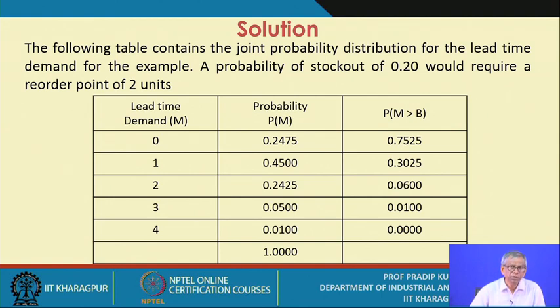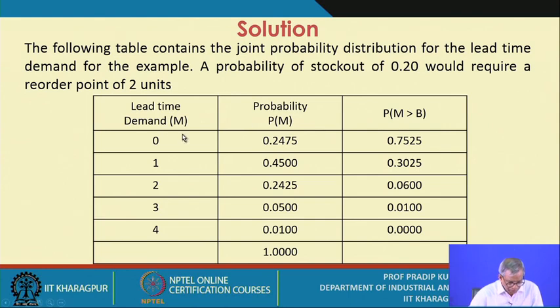So first we consider what are the possible lead time demand units. In this case the lead time demand may vary from 0 to 4, and it's a discrete case. So that's why it could be 0 or 1 or 2 or 3 or 4.